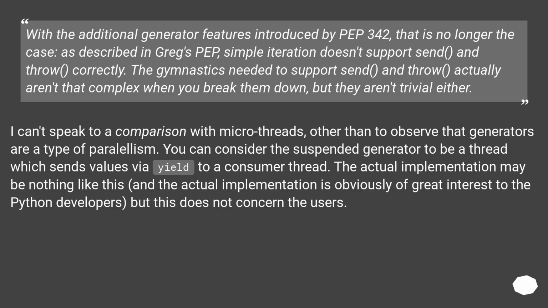I can't speak to a comparison with microthreads, other than to observe that generators are a type of parallelism. You can consider the suspended generator to be a thread which sends values via yield to a consumer thread. The actual implementation may be nothing like this, and the actual implementation is obviously of great interest to the Python developers, but this does not concern the users.